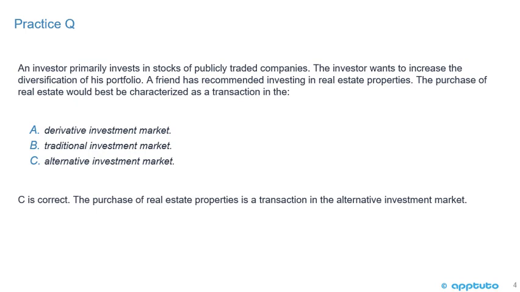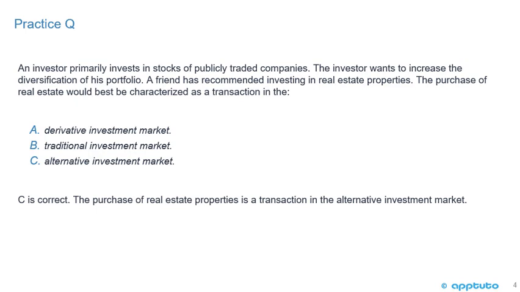From the CFA Institute, when you're writing the exam, it's got to be as per their writings, their curriculum. And real estate is one that I can guarantee you I've seen written in some readings outside the CFA as a traditional. But for CFA purposes, real estate properties is a transaction in the alternative investment market.